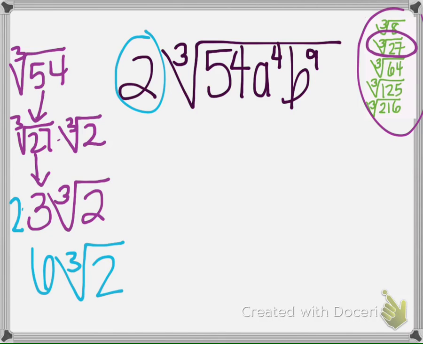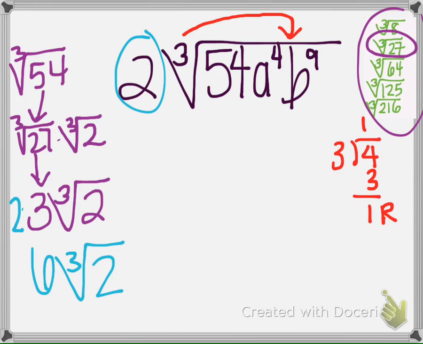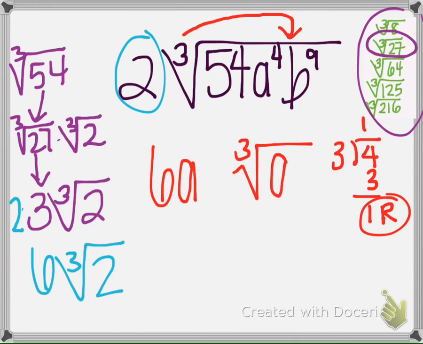Now let's go ahead and take care of the variables. 3 goes into 4 once, with a remainder of 1. So we're going to have an A, and then since there's 1 remainder, we're going to have an A left inside the radical.